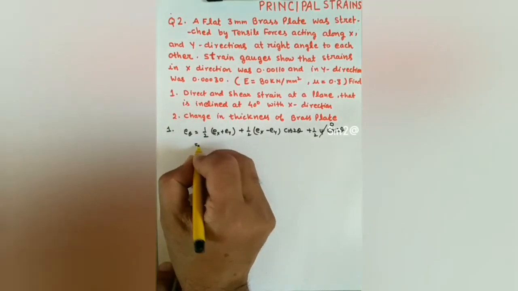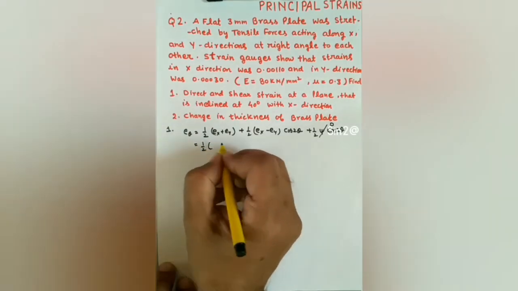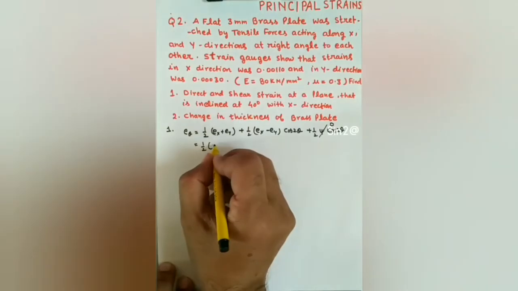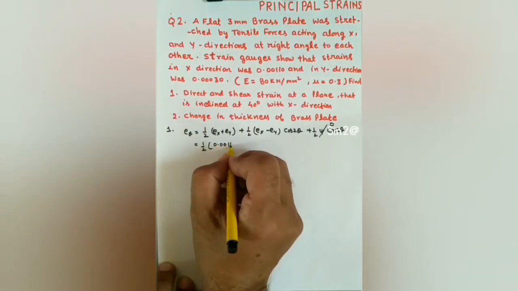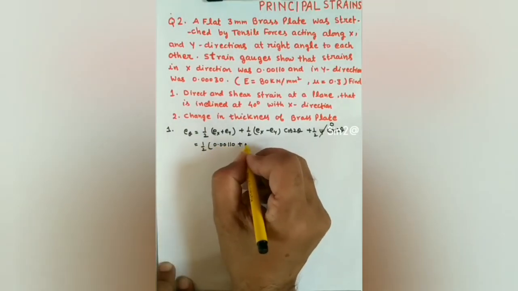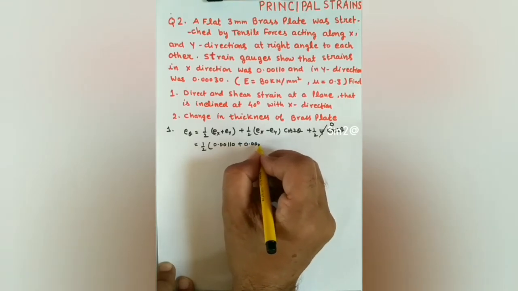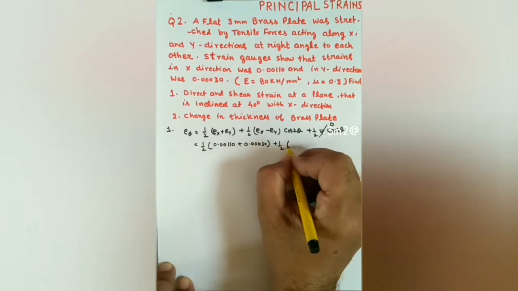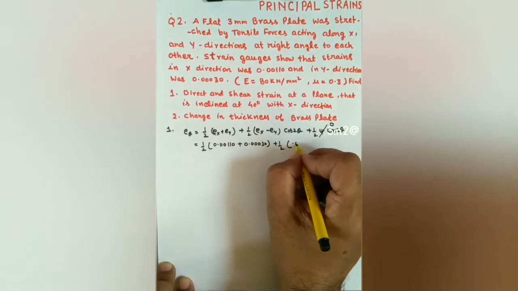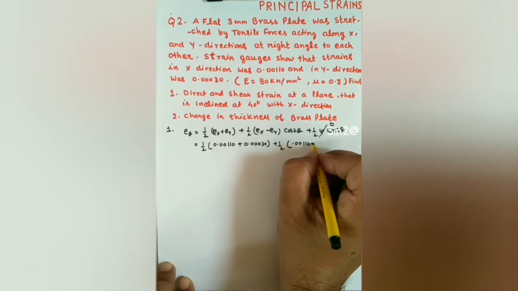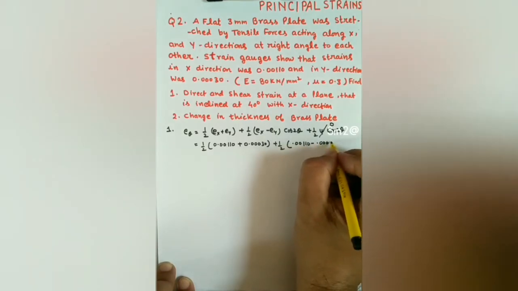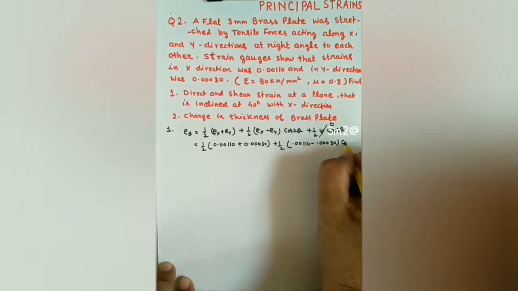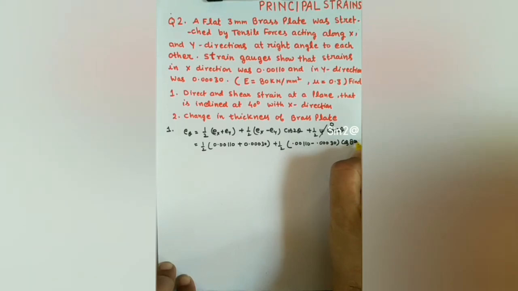So putting values, 1 by 2 (0.00110 plus 0.00030) plus 1 by 2 (0.00110 minus 0.00030) cos of, since theta is 40 degrees, we have to take 2 theta, that is 80 degrees.